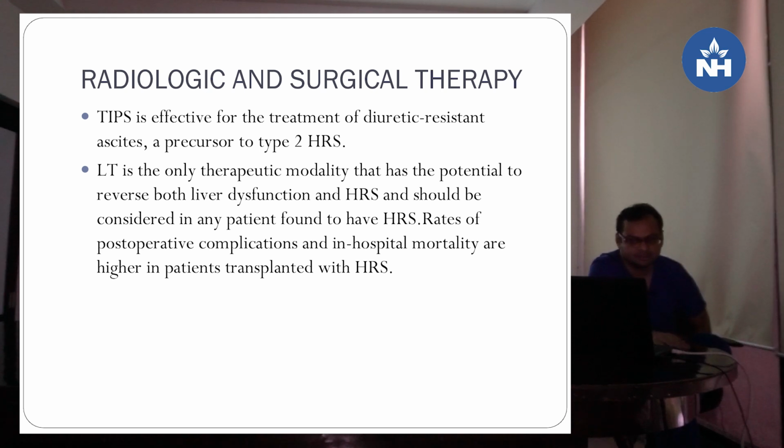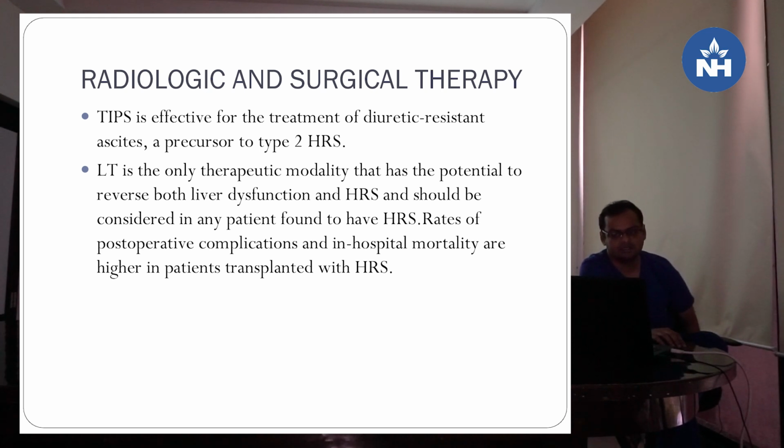But liver transplantation is the only therapeutic modality that has the potential to reverse both the liver function and HRS, so it should be considered in every case. Rates of post-operative complications and in-hospital mortality are higher in patients transplanted with HRS when compared with transplant without HRS.